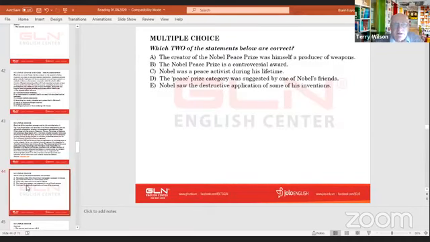Here are the choices, which 2 of the statements are correct.